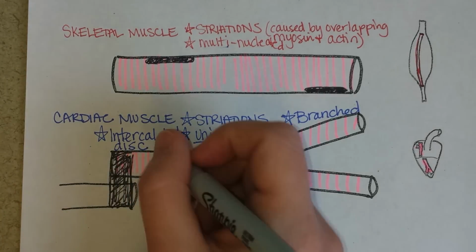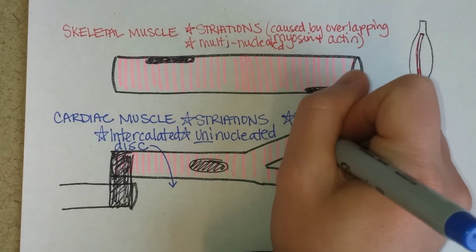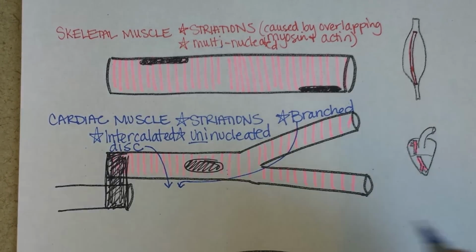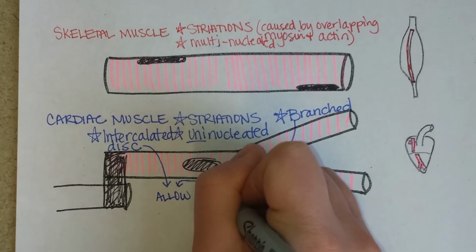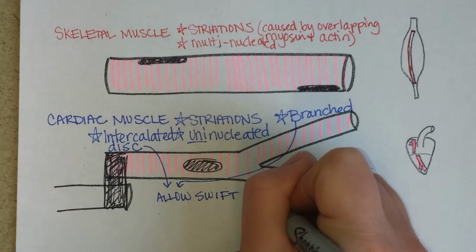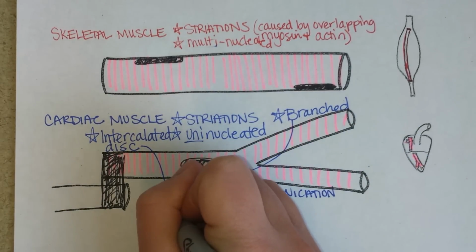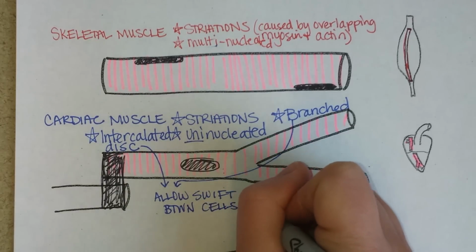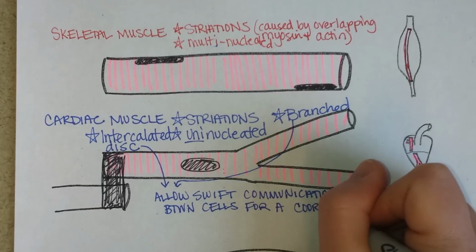So what you'll notice is that the purpose of the intercalated disc and the purpose of the branching are actually the same. What they do is they allow swift communication between the cells for a coordinated pump contraction.